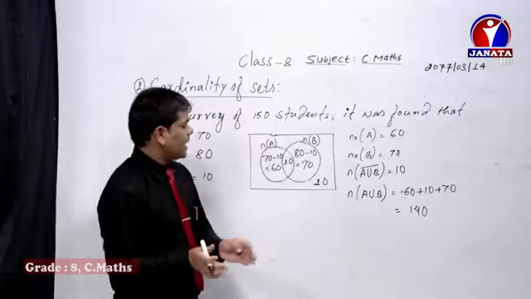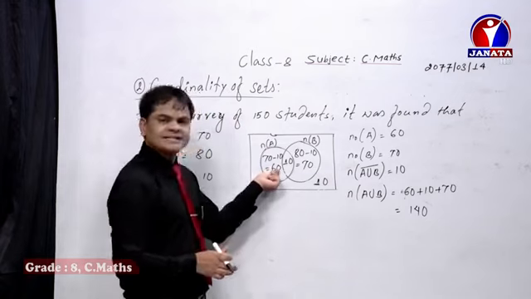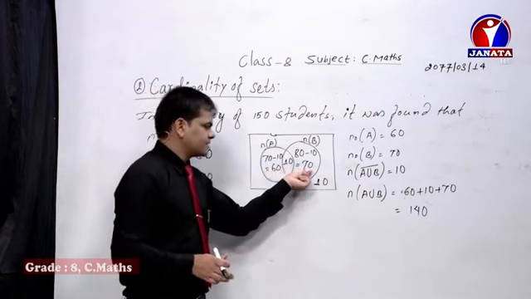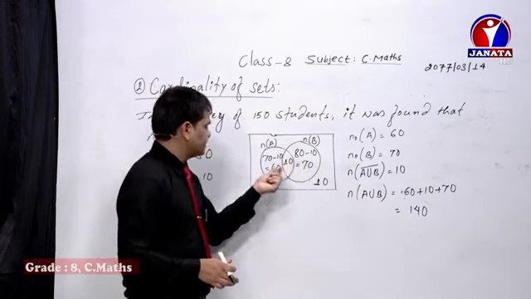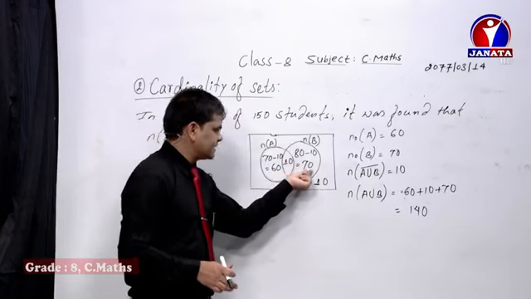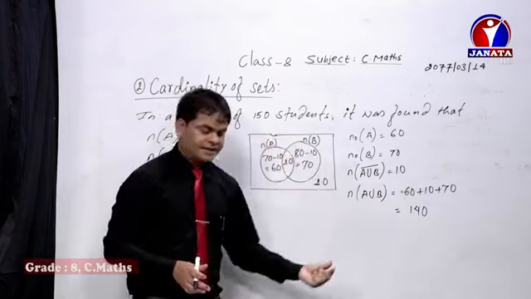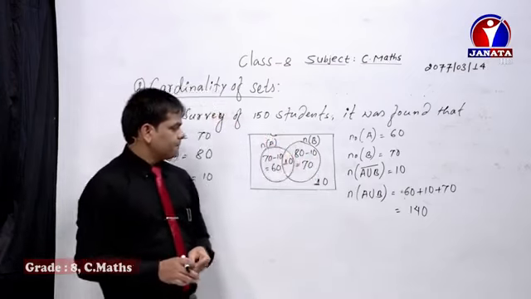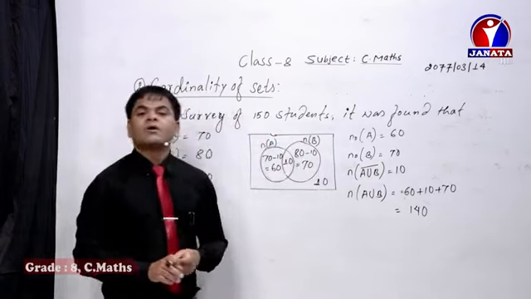So if we count, there is 60, then 10, and then 70. By adding 60 plus 10 is 70, 70 plus 70 is 140. So A union B represents 140.